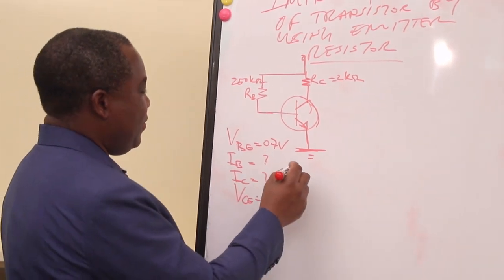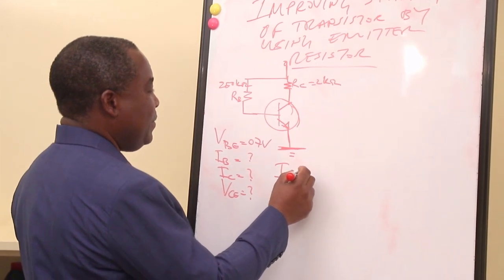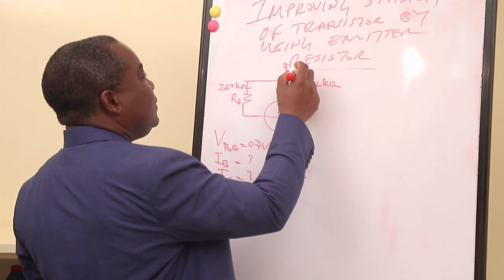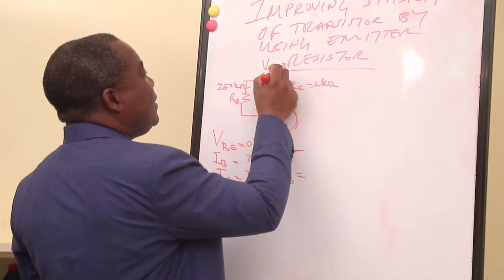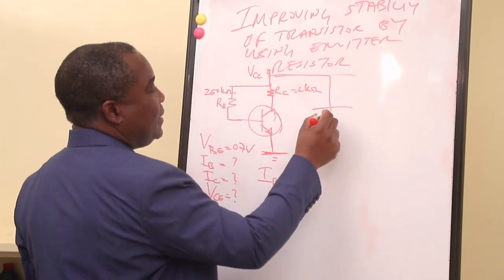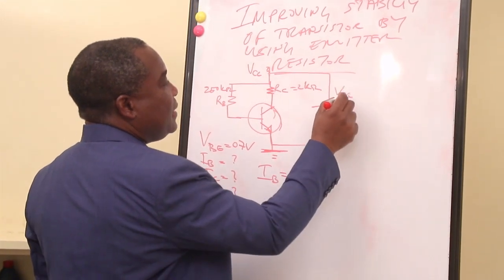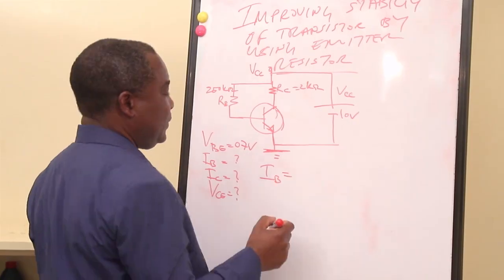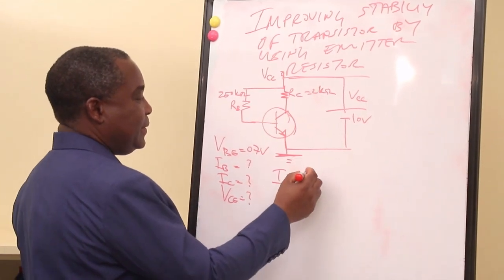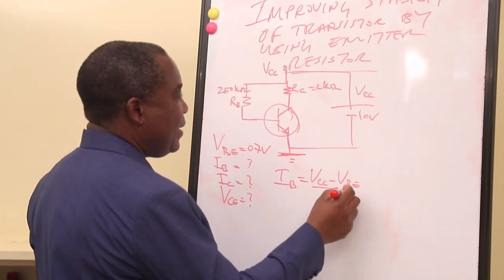So the formula of IB from this circuit, IB is equal to, we have VCC here, our source, which is 10 volts. According to our circuit, VCC minus VBE over RB.